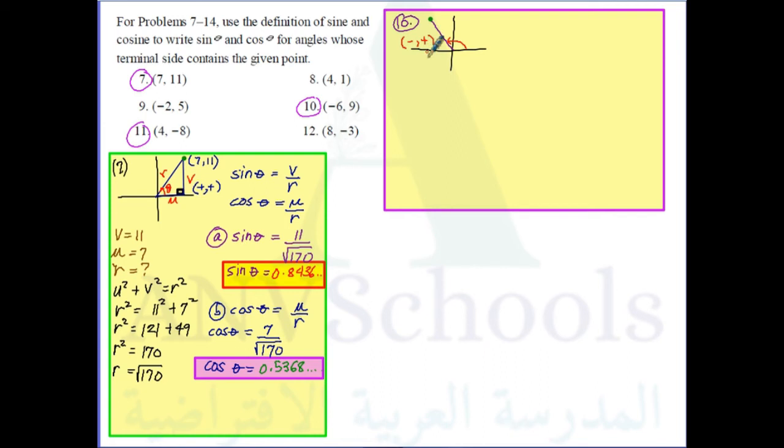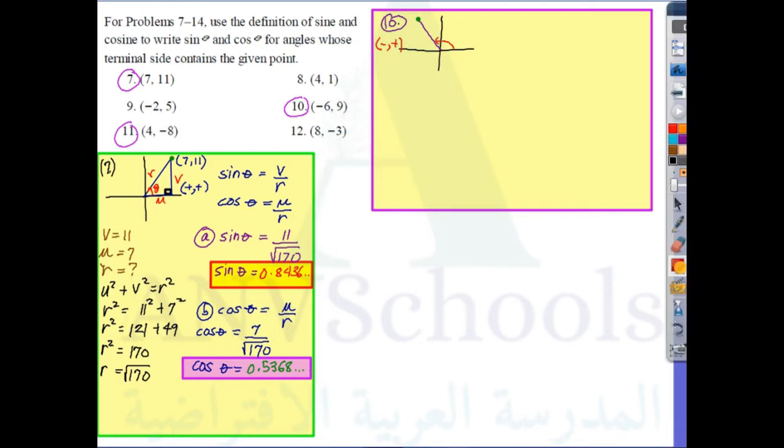So we have negative and positive. We would like to draw a triangle here, and also this square, because this is a right triangle.